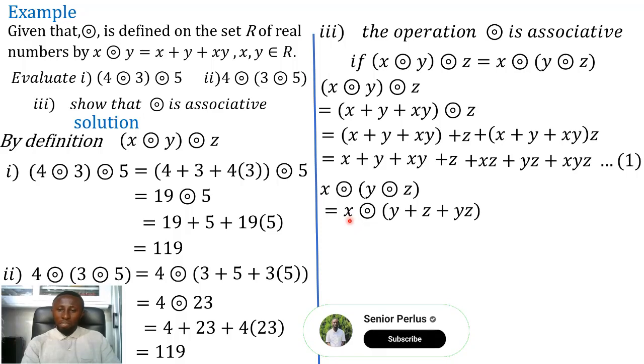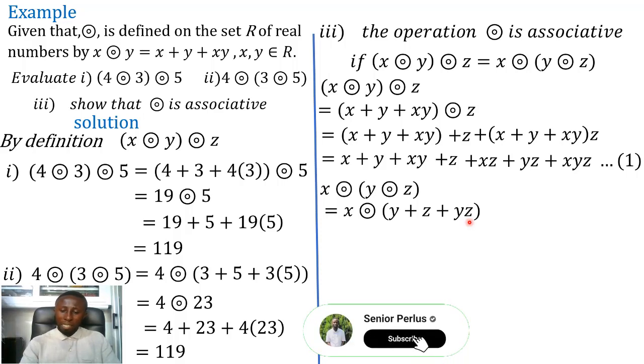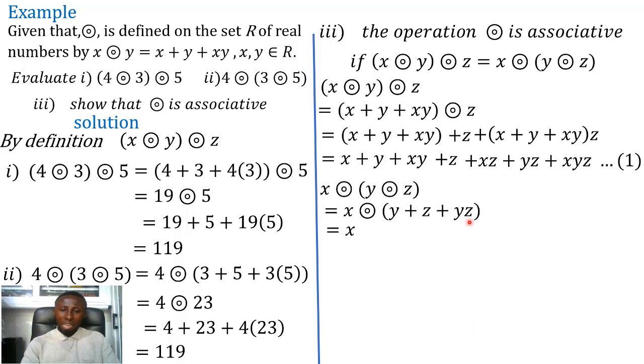Now S operation the whole of this. So now this is our S, right? Now the whole of this has now become our Y. So S operation Y, right? So whenever you see S, just put S there, and whenever you see Y, put the whole of this there. And the definition was S plus Y plus SY. Okay, so our S is S, like we said earlier.